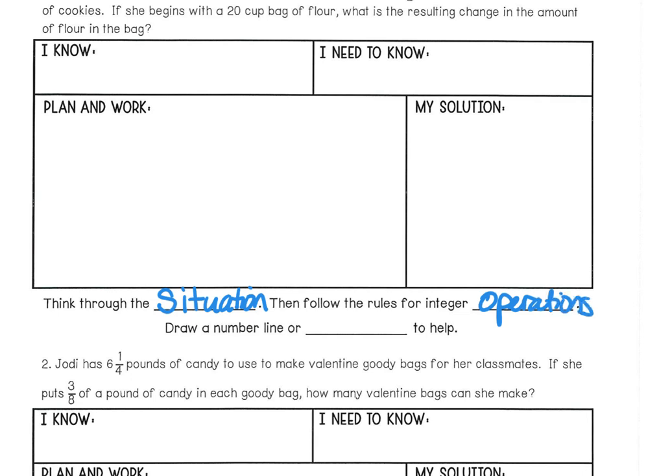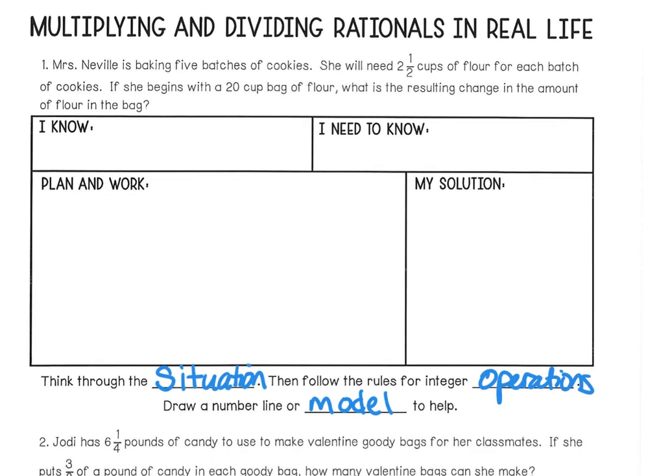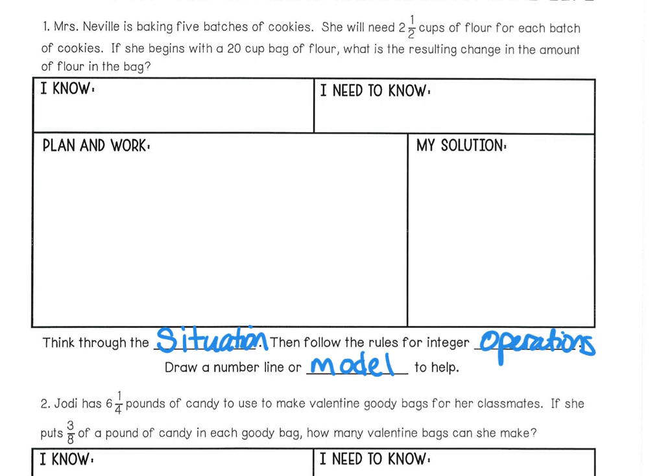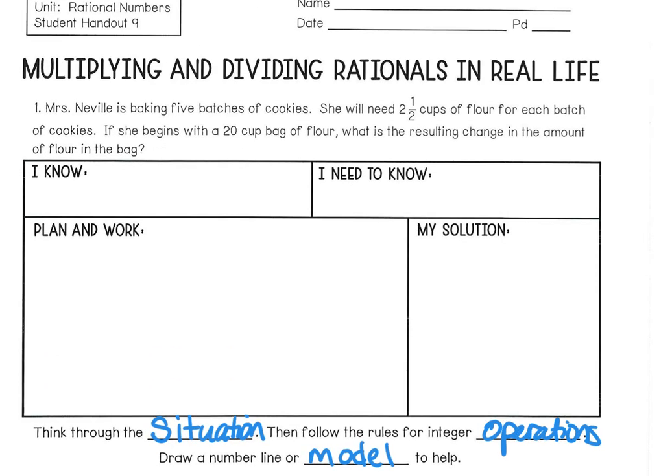So your PEMDAS. And then you can draw a number line or a model if you need to. It depends on the situation and what you're doing. Okay, so if you need to pause to get some of this stuff, because I know I move around.